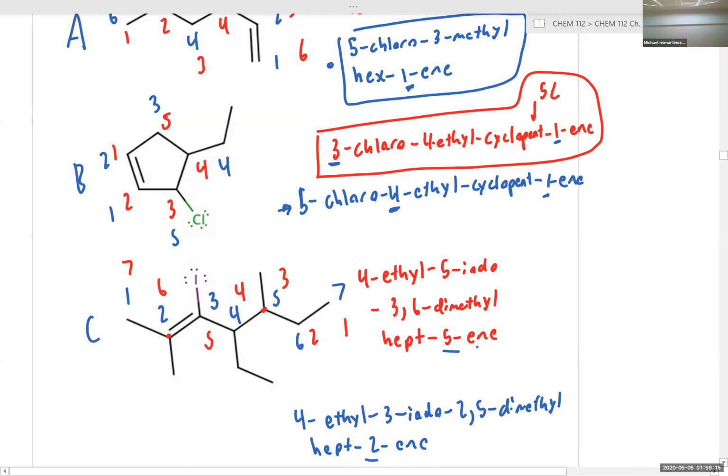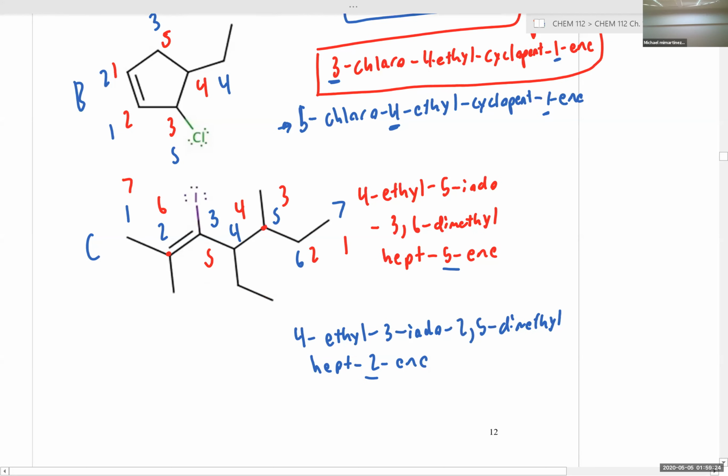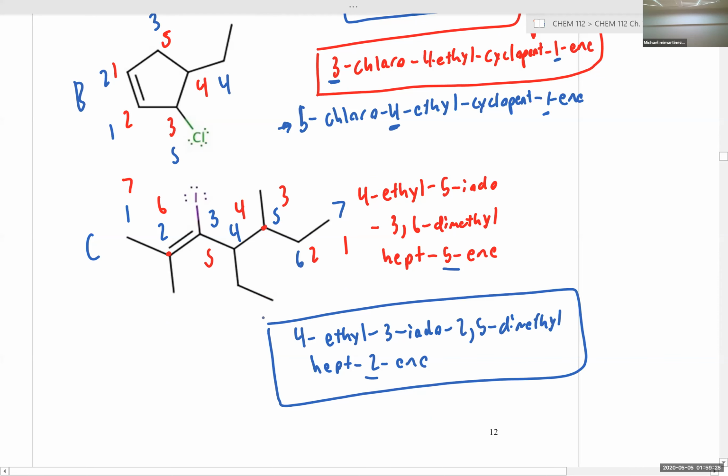And which naming method is preferred, blue or red? What naming method is preferred for this structure? Blue. And in fact, a student has provided almost a perfect name for the structure in the chat.